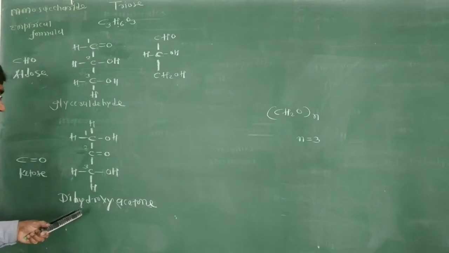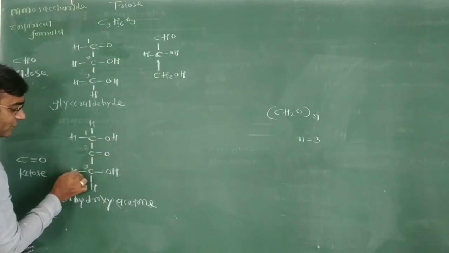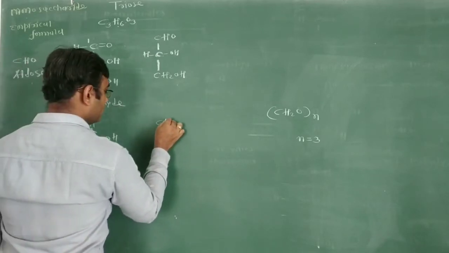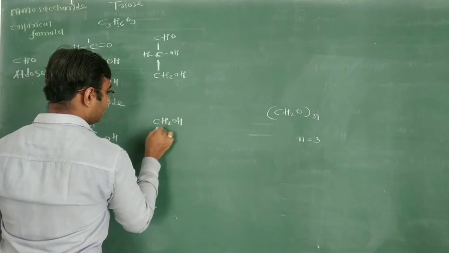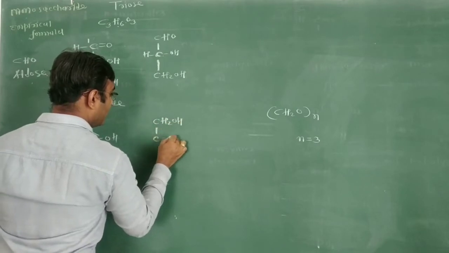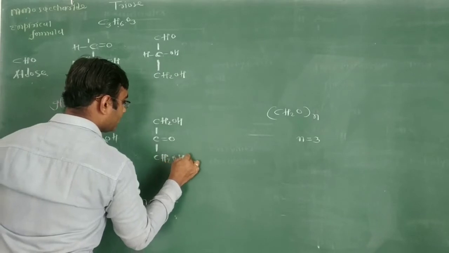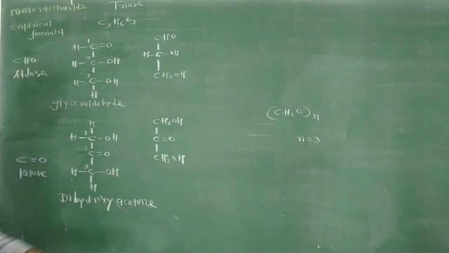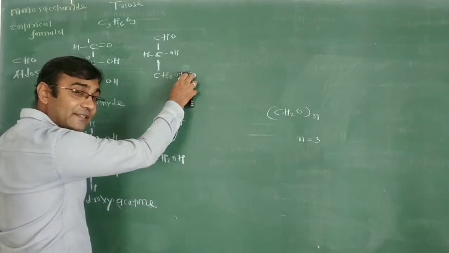Now dihydroxyacetone: CH2OH, C double bond O, CH2OH. This is dihydroxyacetone. These chemicals take part in the dark phase of photosynthesis.